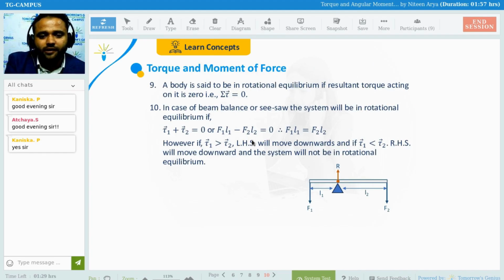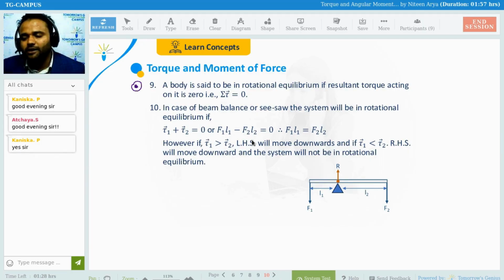A body is said to be in rotational equilibrium if the resultant torque acting on it is 0. That is very important. Most of the time you hear this terminology and don't know what to do with it in questions. Whenever you get any question, find the point where rotational equilibrium holds, in that particular system, for that particular body.